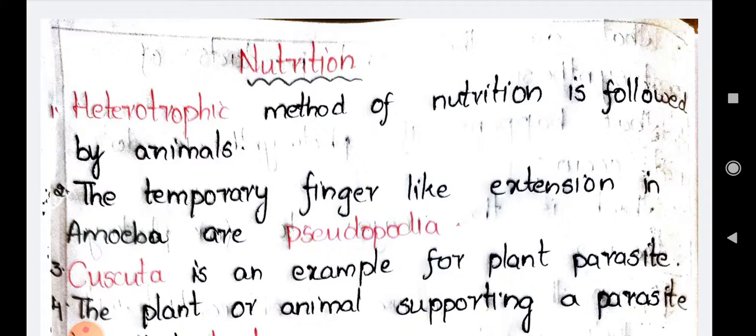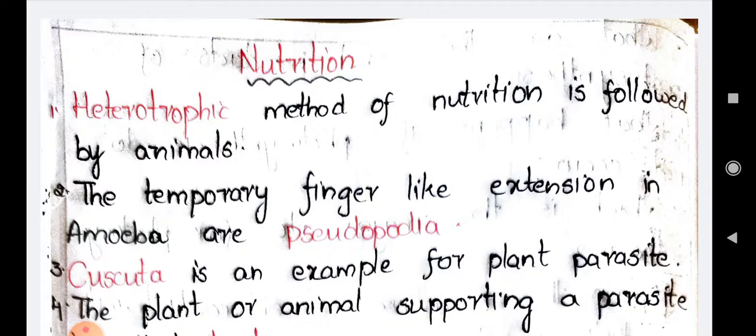The next question is: the temporary finger-like extensions in amoeba are. This is an important one. The answer is pseudopodia. Pseudo means false and podia means feet. The amoeba has finger-like extensions called pseudopodia, and these help to move the amoeba from one place to another.